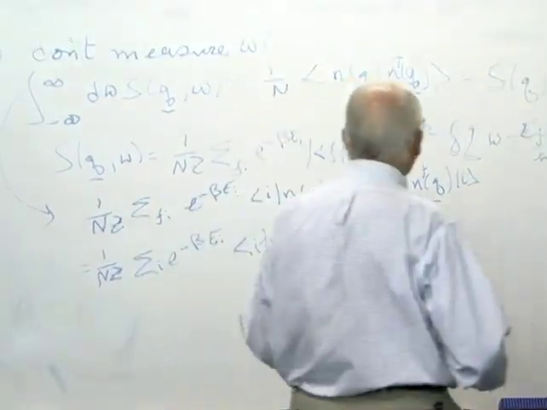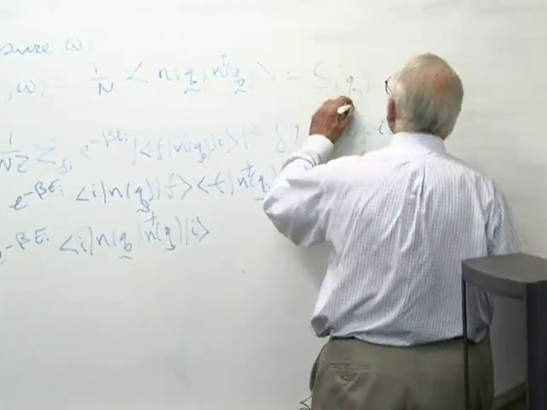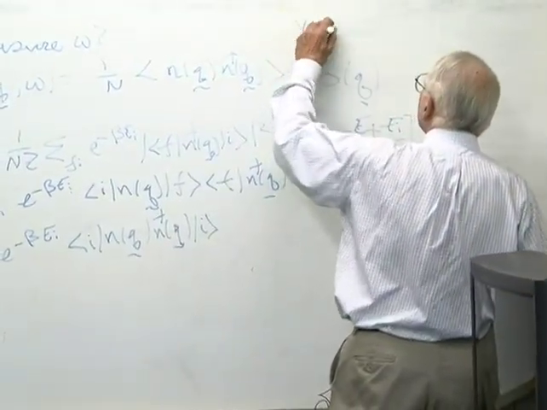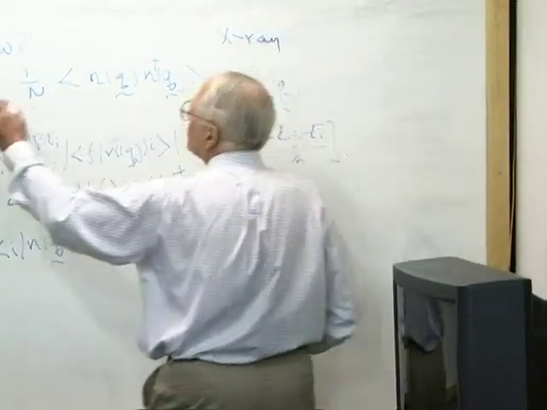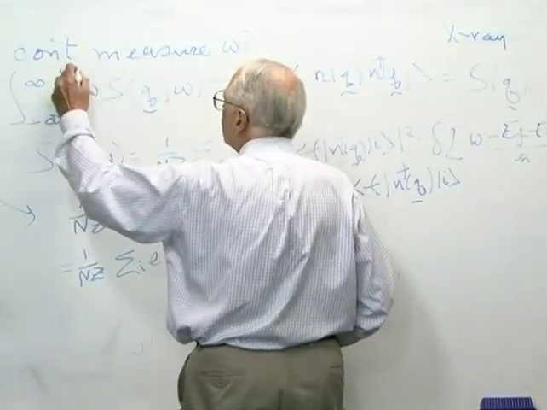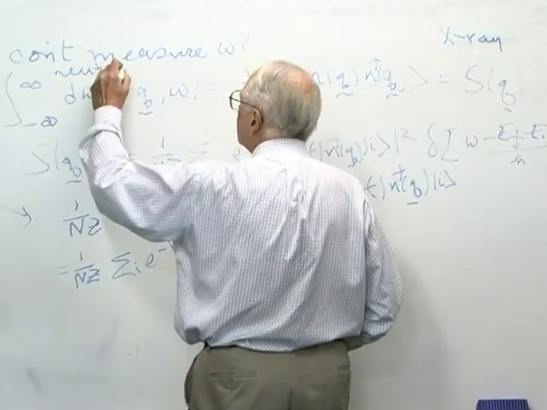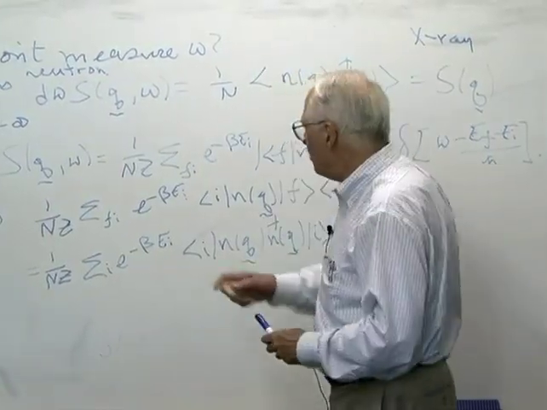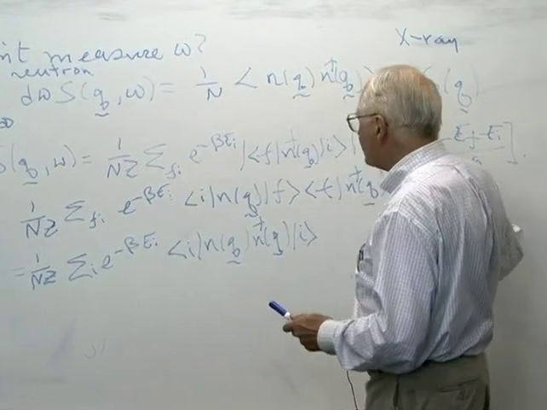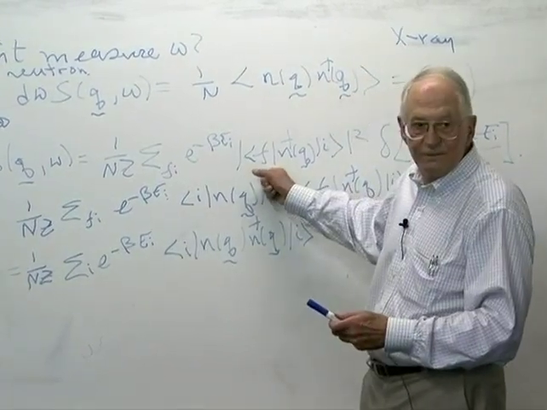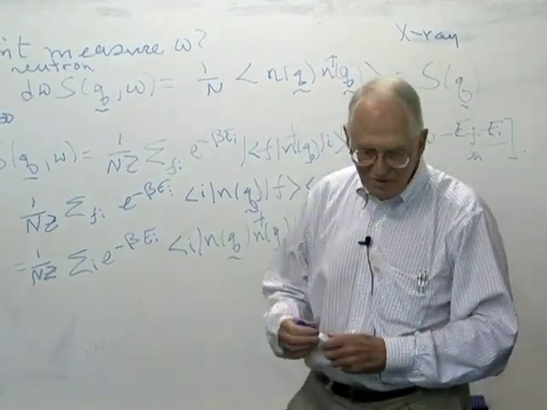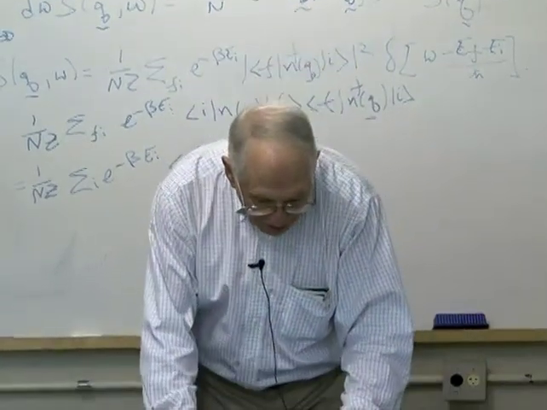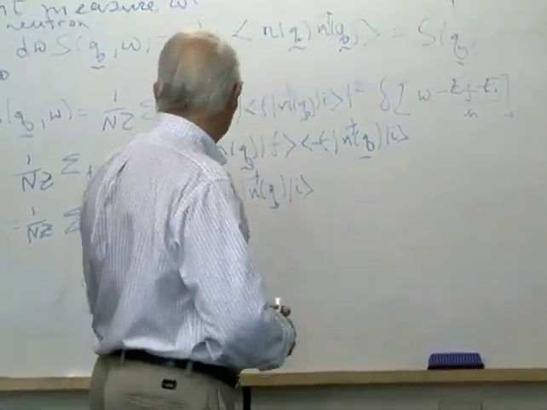As I say, this relates X-ray scattering to neutron. But now, because this is a much richer function, there's a lot more information in this. And so I'm now going to do some other interesting and important manipulations on this.